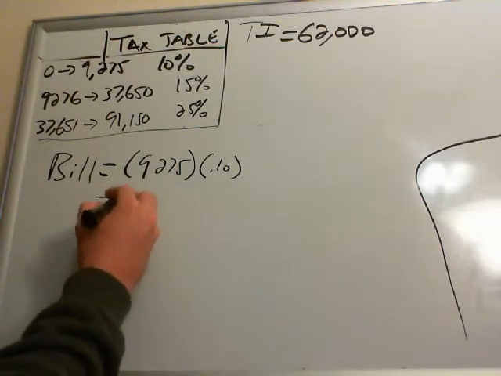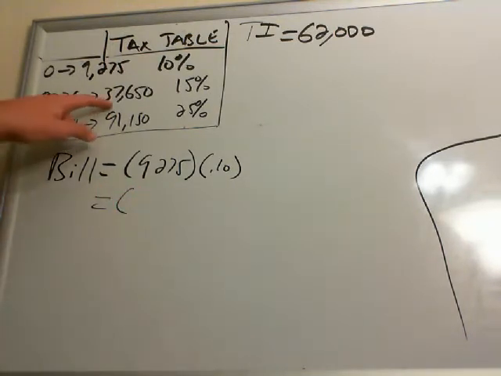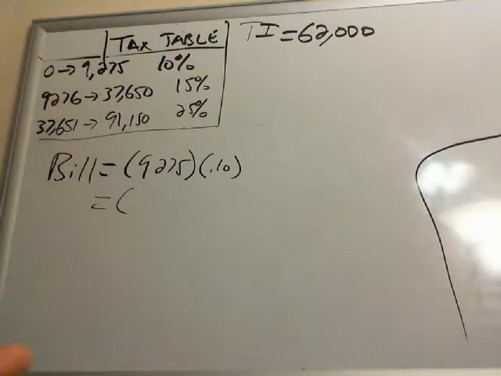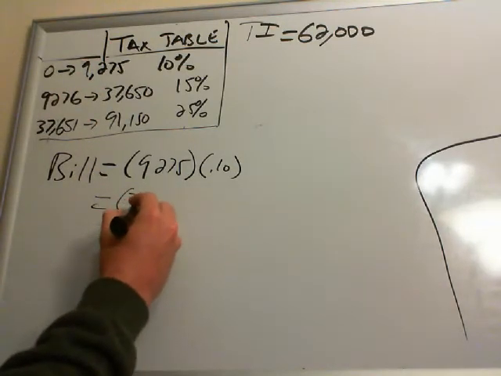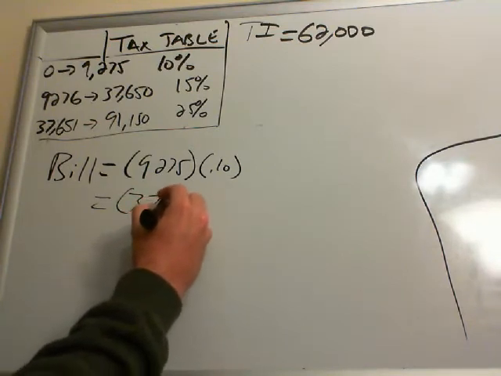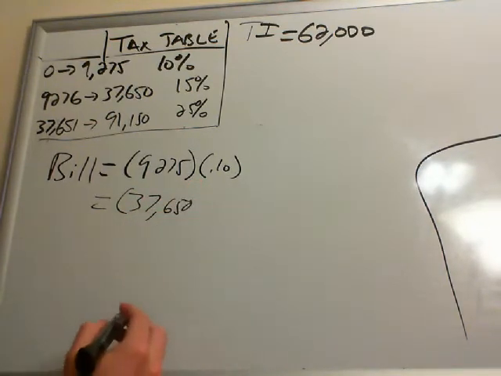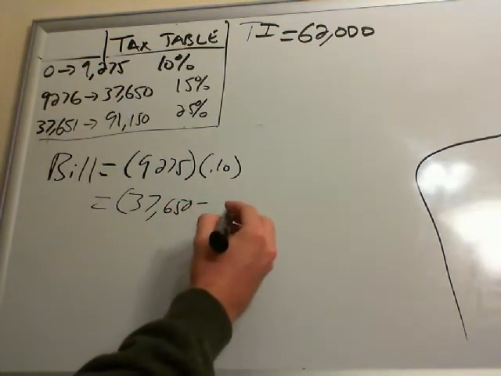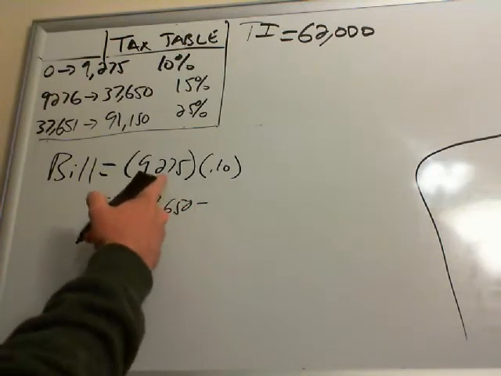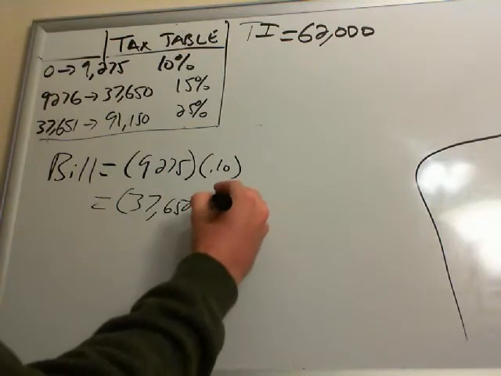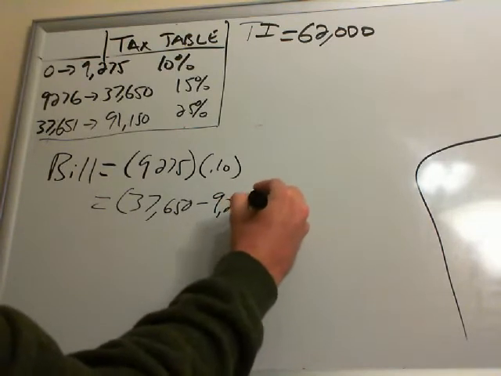Then we earn more than what's in the entire second tax bracket. So we're going to take the $37,650 all the way down, and we're going to subtract out the dollars we've already taxed. So we've already taxed $9,275.